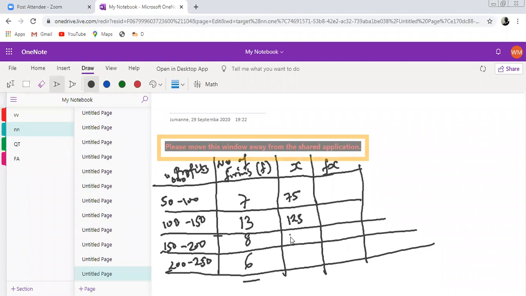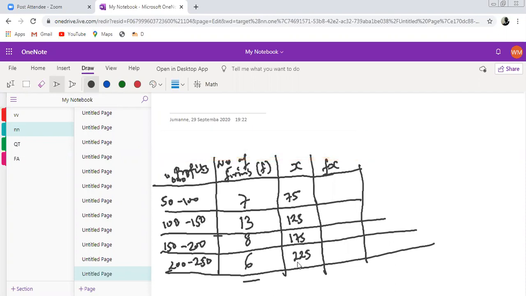The other one is going to be 175. You just add the two and then you divide by 2. Confirm whether whatever I've written is correct. This is 250 divided by 2, 125. This is 450 divided by 2, 225, which I think is okay.